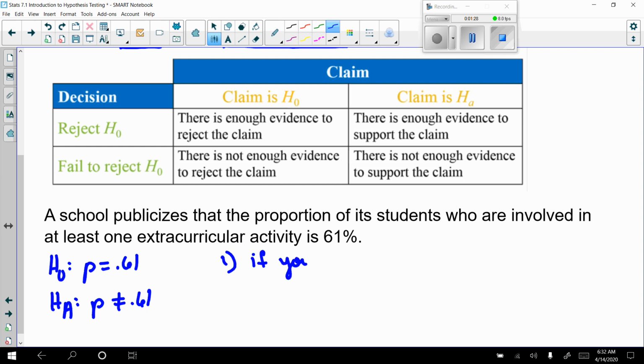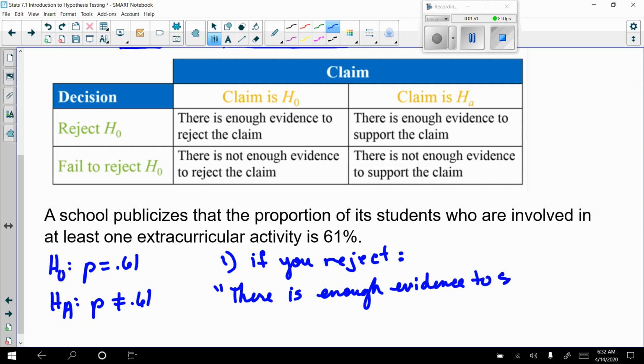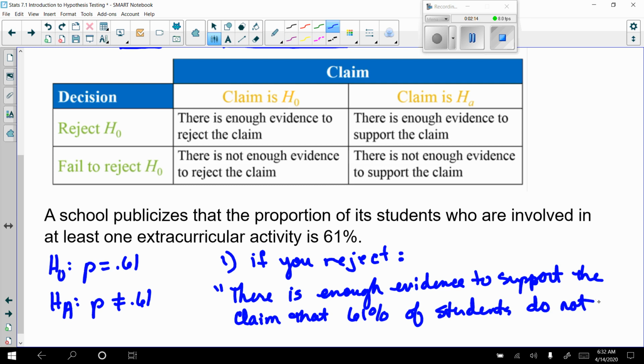If you reject, that means that you make this kind of a statement: there is enough evidence to support the claim that 61% of students do not participate in extracurricular activities.